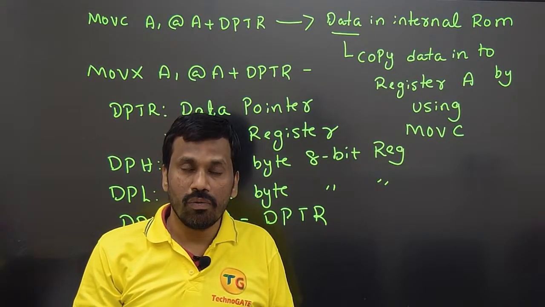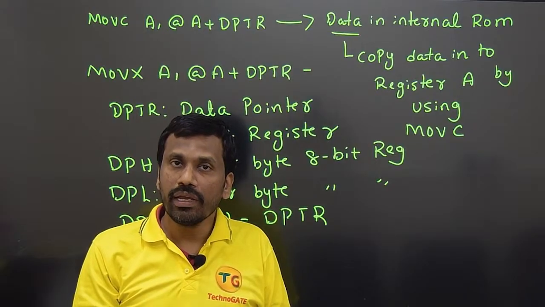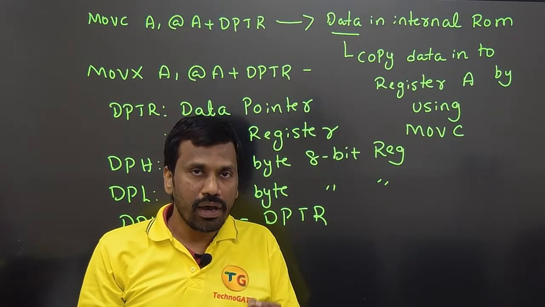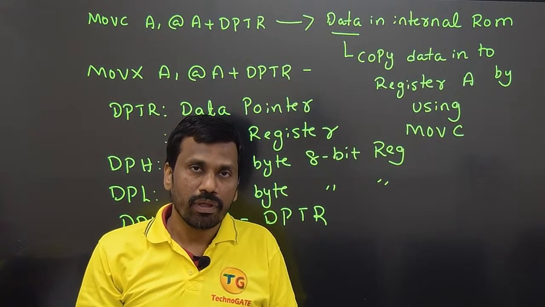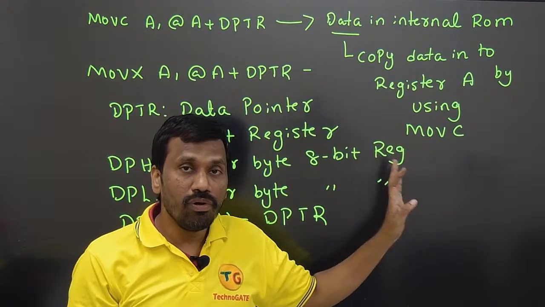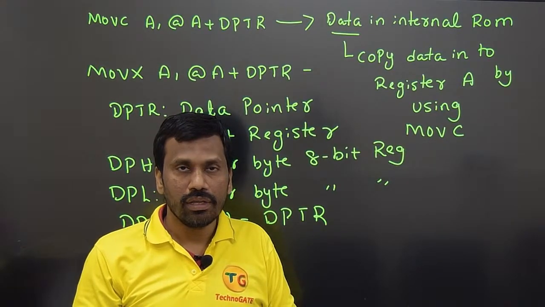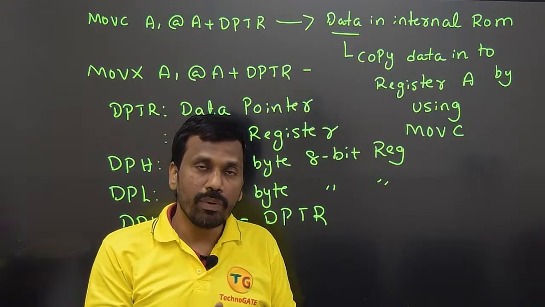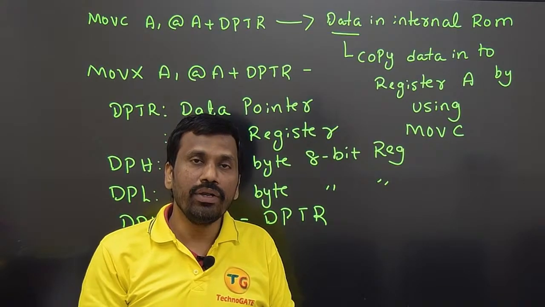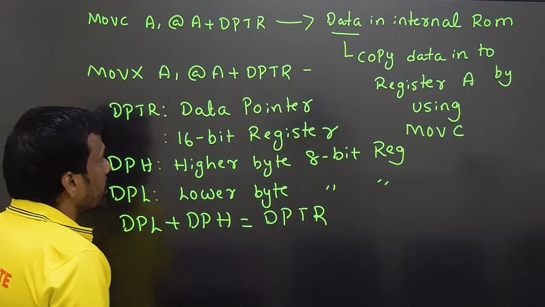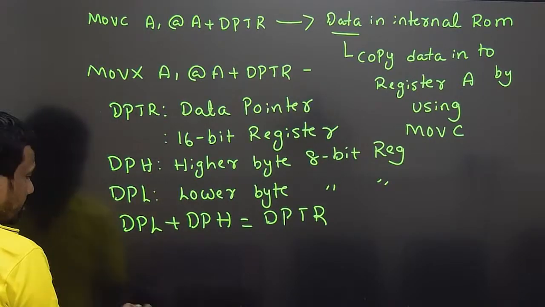Total three are there: MOV, MOVC, MOVX. So if you have data in internal ROM and you want to move it into register A, you compulsorily have to use the MOVC mnemonic. And next, this one, MOVX.